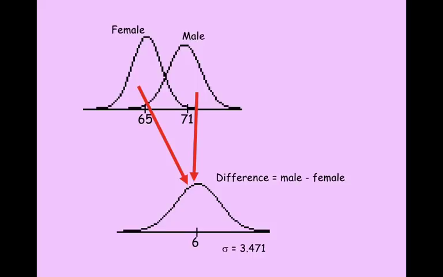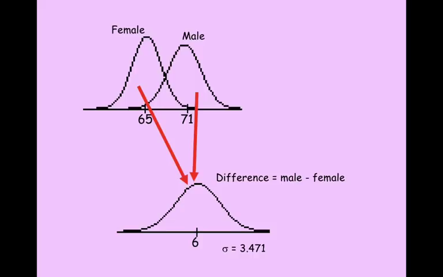Notice my difference distribution has a greater standard deviation than the male and female curves. Remember, when we're combining random variables, our standard deviation is never reduced. We're always adding the variance of each of those random variables and taking the square root. We're not canceling any of the standard deviation.